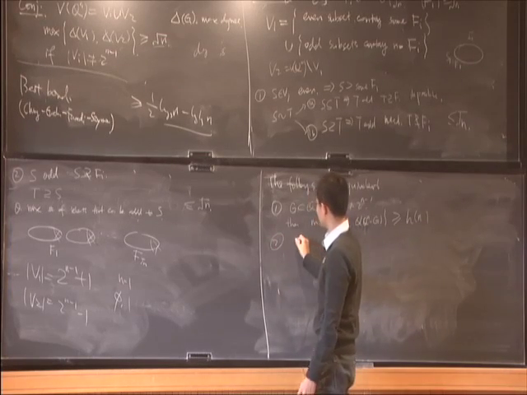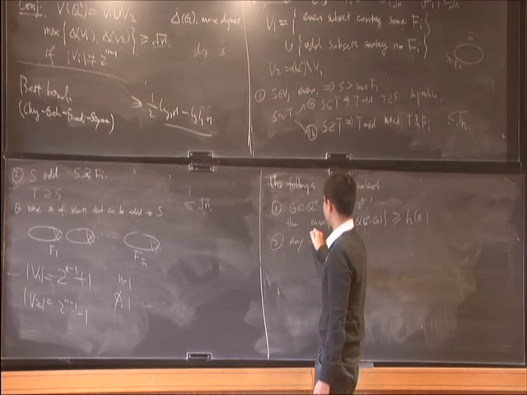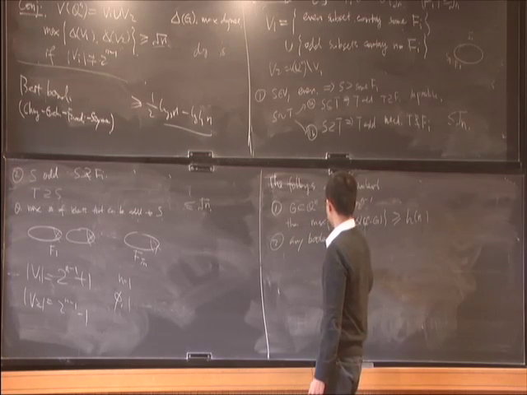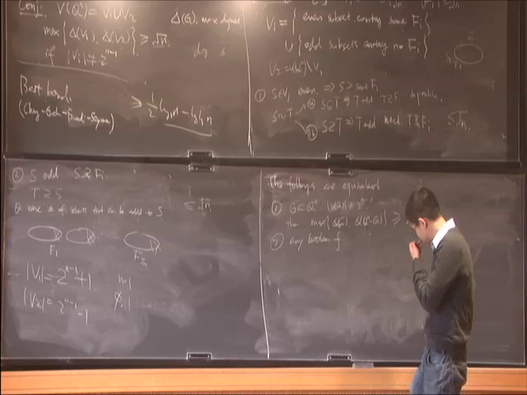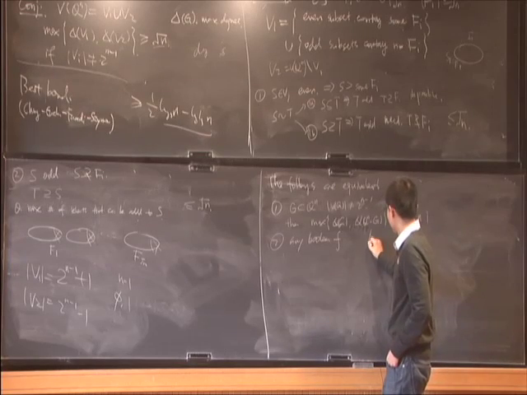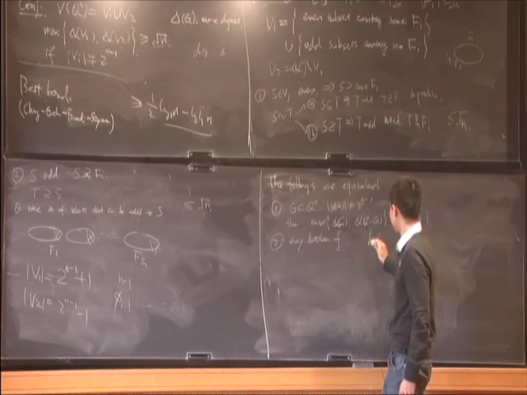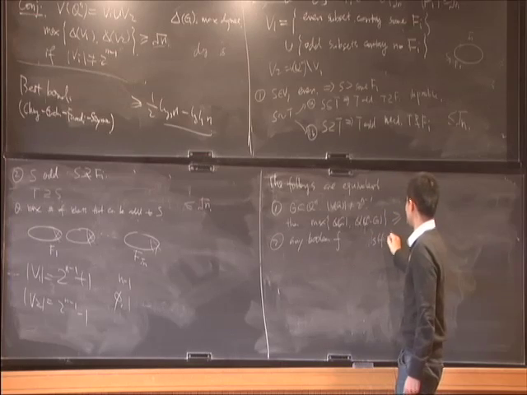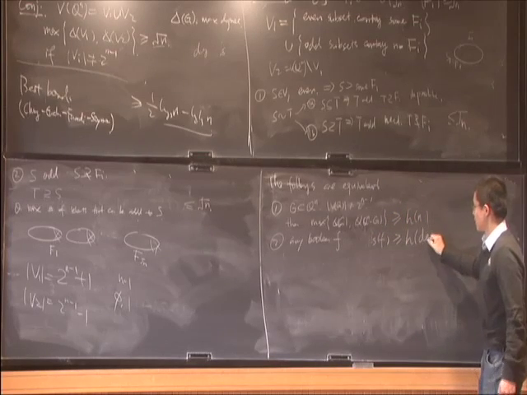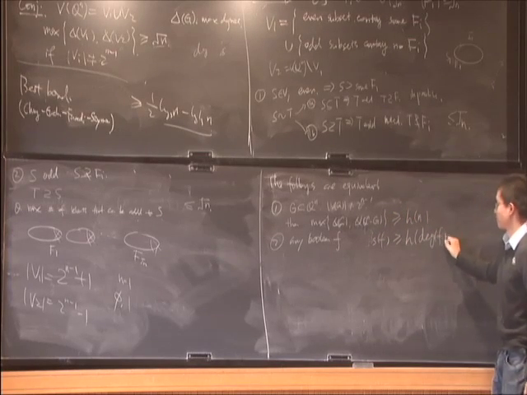And this is equivalent to: for any Boolean function f, the block sensitivity, the sensitivity is greater than or equal to h of the degree of f.